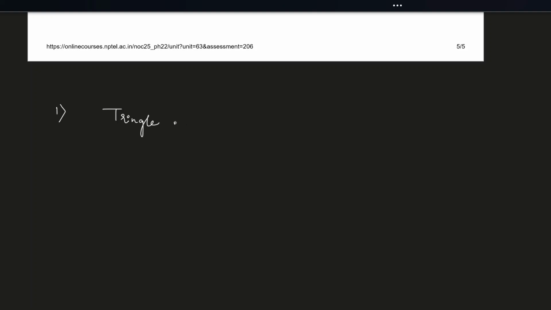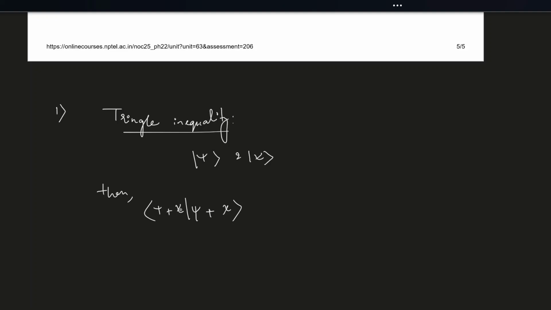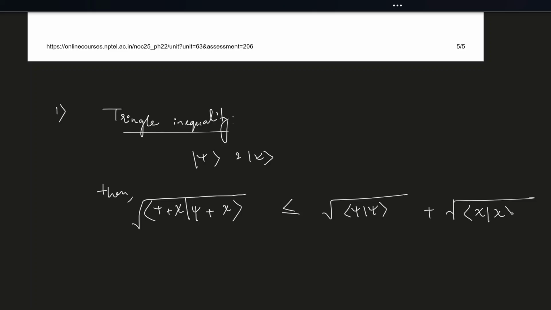By triangle inequality, you mean that if there are two states psi and chi, then if psi plus chi is a combined state of both of them, and you take the norm of this state, this will be less than or equal to the sum of the individual norms, the norm of psi plus the norm of chi.